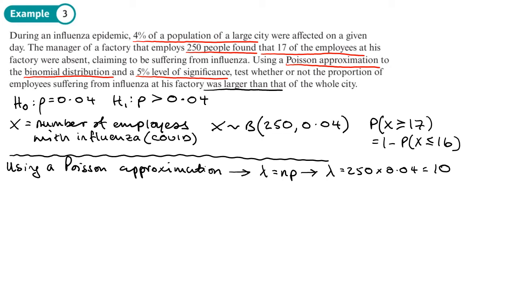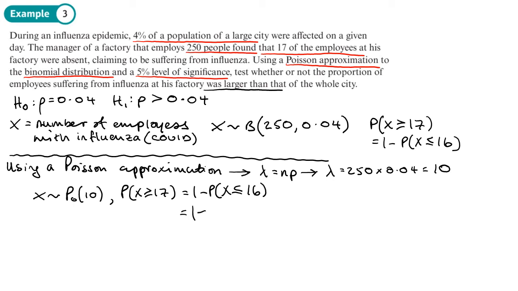Right, so with a Poisson approximation, X still stands for the number of employees with influenza. So I could still use X, or I could use a different letter. So X is going to be a Poisson distribution with a rate of 10, and I want to find the probability that 17 or more of these employees have influenza, which is 1 minus the probability less than or equal to 16.